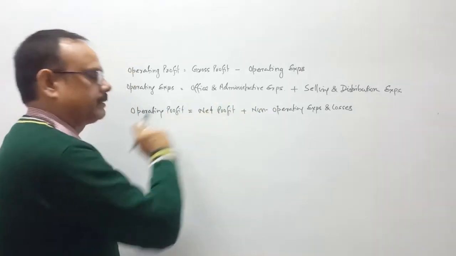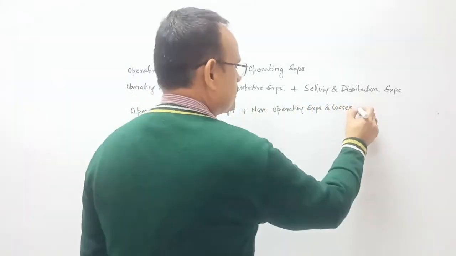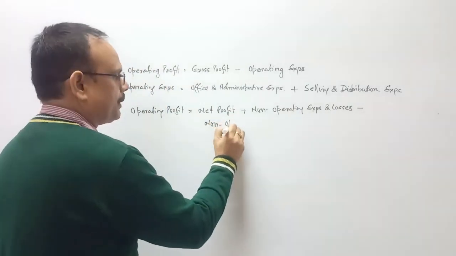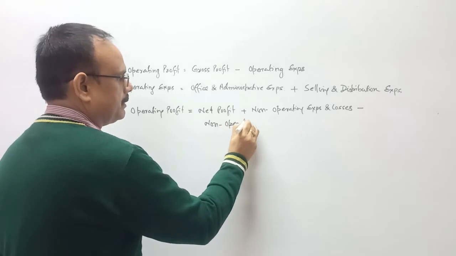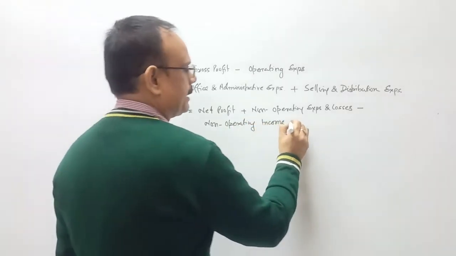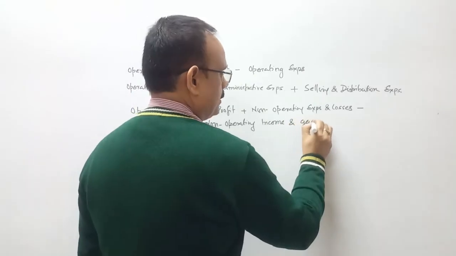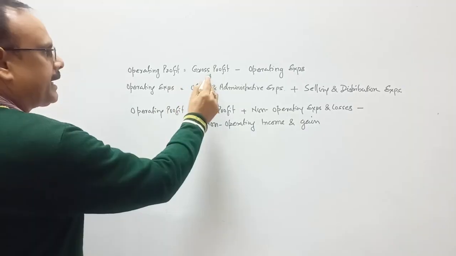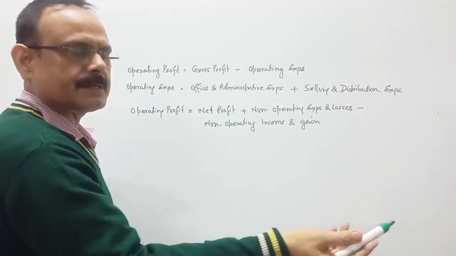And minus non-operating incomes and gains, which you added. Then you will get the operating profit. From the gross profit side it is gross profit minus operating expenses.